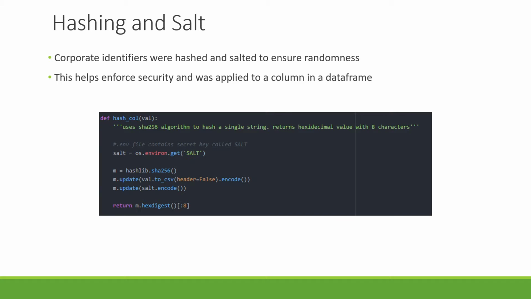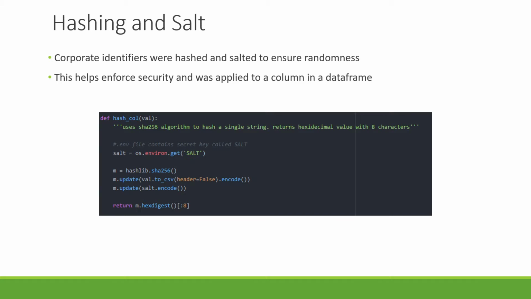So I wanted to make sure that these IDs are actually hashed so that they couldn't be tied back to any identifying information that would give away who an individual actually is or where they are. So this should be very familiar to everyone here.